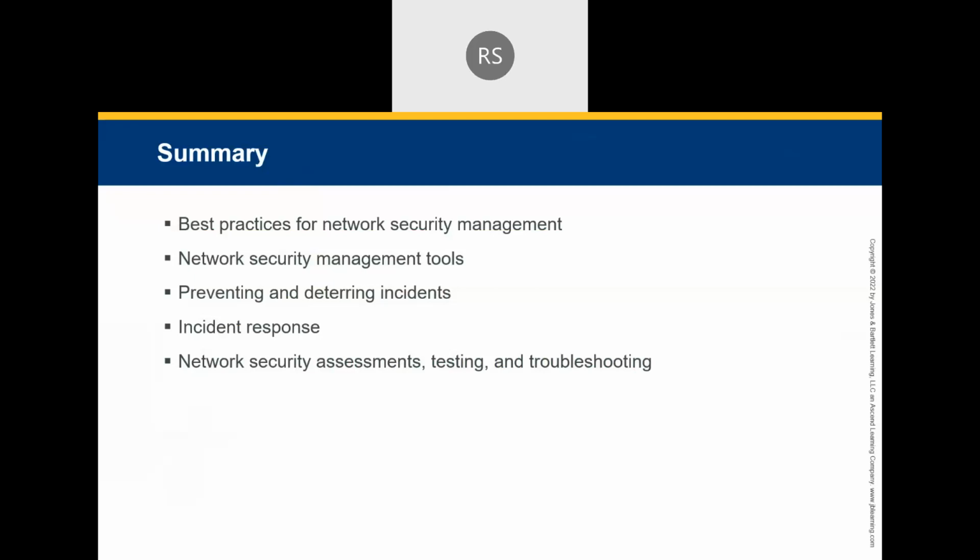This involves preparing for, detecting, containing, eradicating, recovering from, and following up on security incidents to minimize their impact on your organization. Finally, we talked about network security assessments, testing, and troubleshooting, and how these are essential for evaluating security posture, identifying any vulnerabilities, and addressing security issues proactively.